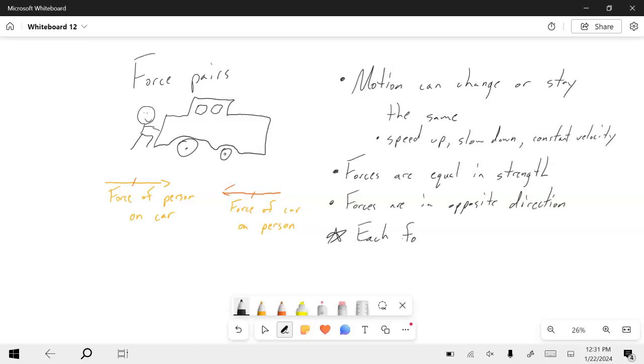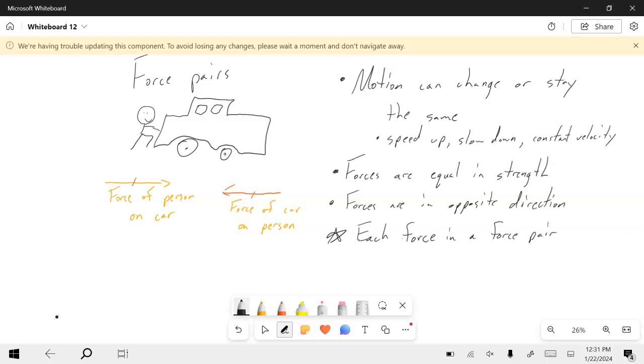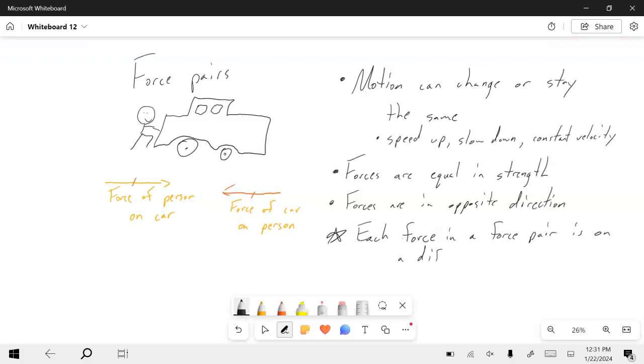Each force in a force pair is on a different object. So that is different than in balanced forces, okay?